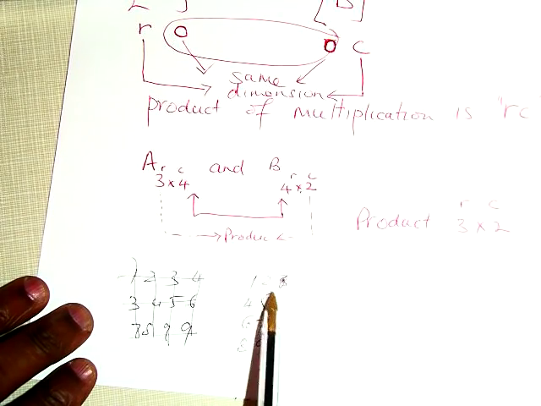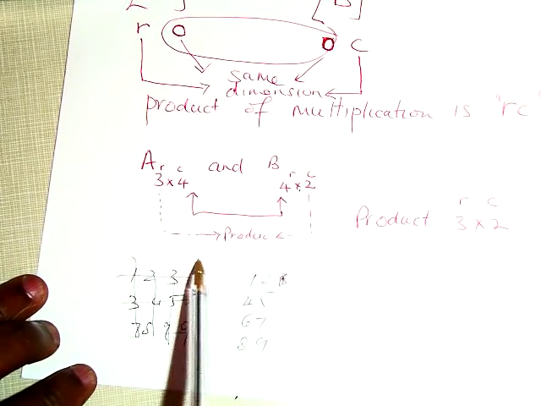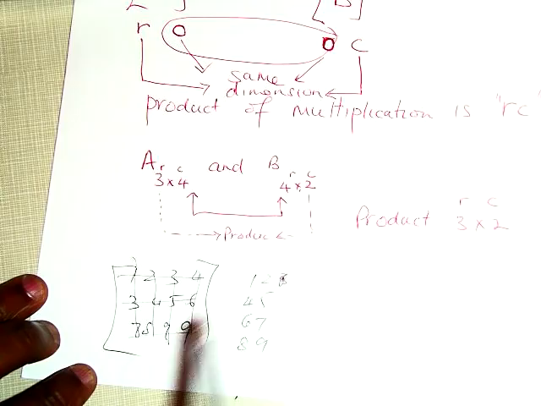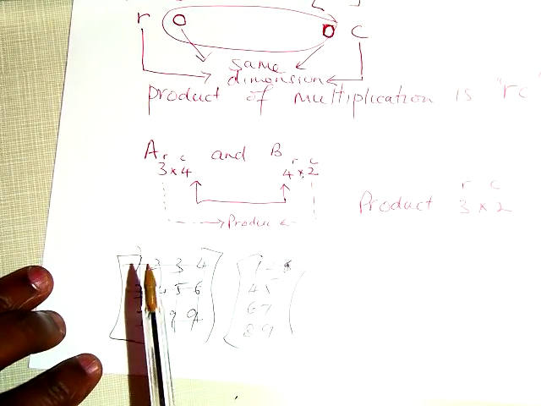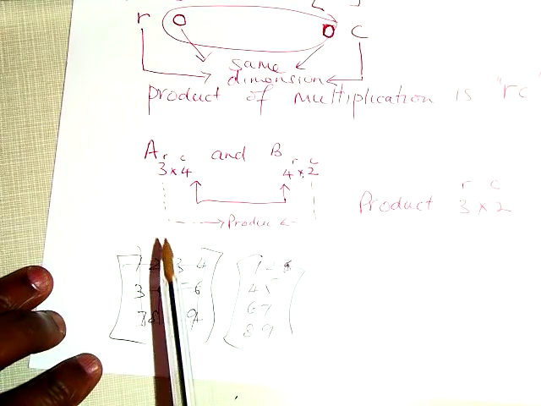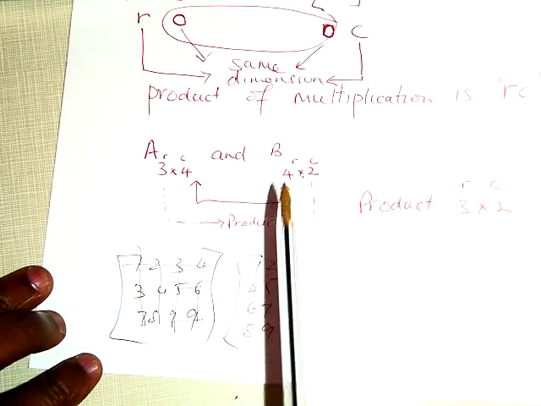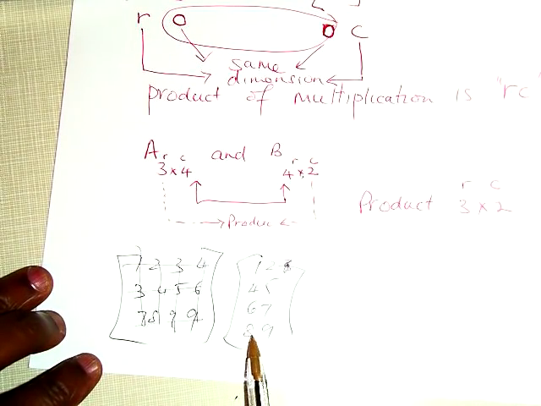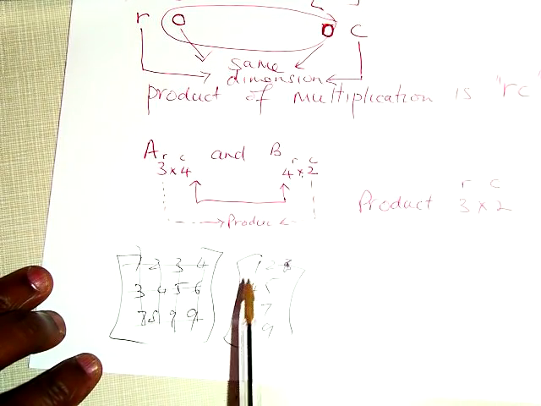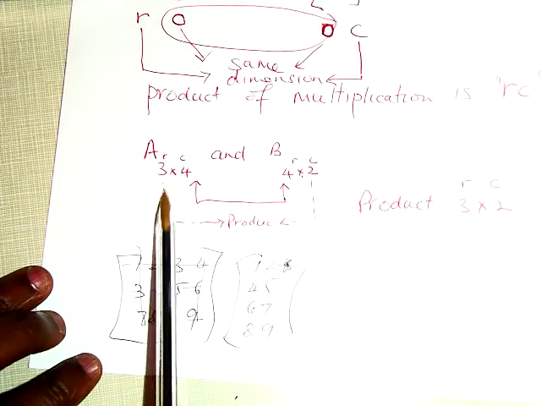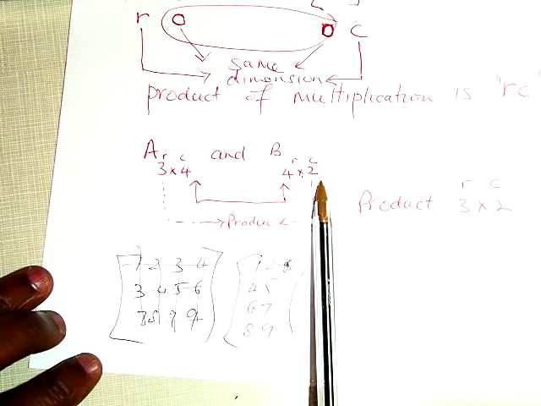So this matrix has 4 rows and 2 columns. And it means I can take this matrix and multiply it by this matrix to get an answer, because the number of columns in this matrix, which is 1, 2, 3, 4, is the same as the number of rows in the other one. 1, 2, 3, 4. And what is my answer going to be? If I multiply a 3 by 4 by a 4 by 2, the answer is going to be a 3 by 2 product. All right?